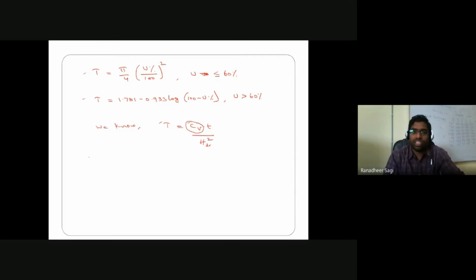And the coefficient of consolidation that we are talking about is calculated based on the data we get for a particular intensity of load increment only. Because when you talk about your consolidation test, you are talking about different increments in loading conditions. So it's not that we calculate the coefficient of consolidation taking all increments in loading conditions into consideration.